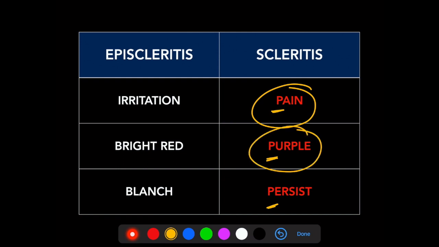And they have this purplish or violaceous hue, whereas in episcleritis it's just bright red. And the scleritis blood vessels will persist with phenylephrine. That is the third P. So persisting or not blanching with phenylephrine, purplish hue, and the painful condition: these 3 P's characterize scleritis.